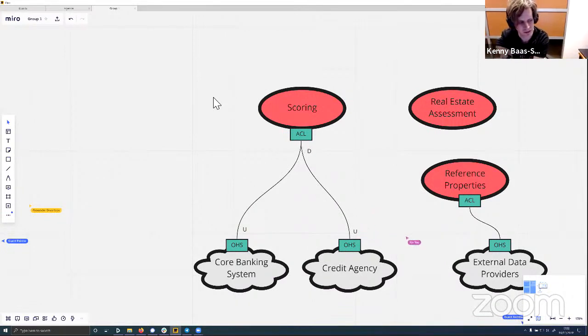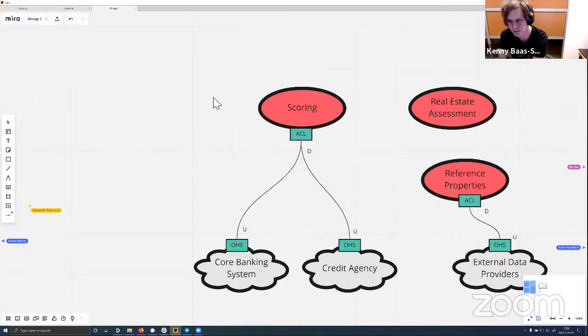ACL, the anti-corruption layer, is a pattern. Usually you implement it with a separate system that integrates several systems. So in this case, the way you described it, the anti-corruption layer to scoring makes sure that the core banking system and credit agency data come consistently to scoring. That makes sense to me. But if it was a customer supplier relationship, that can also imply you still have translation.